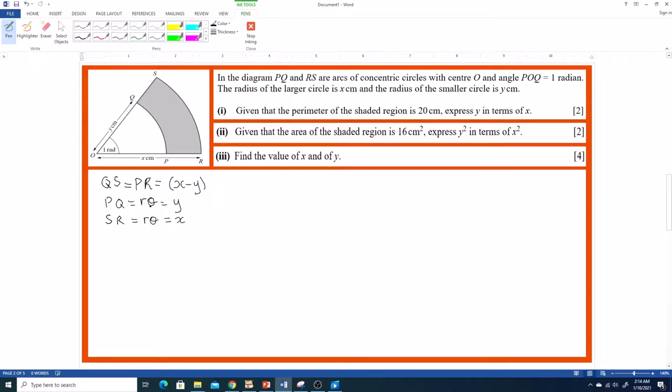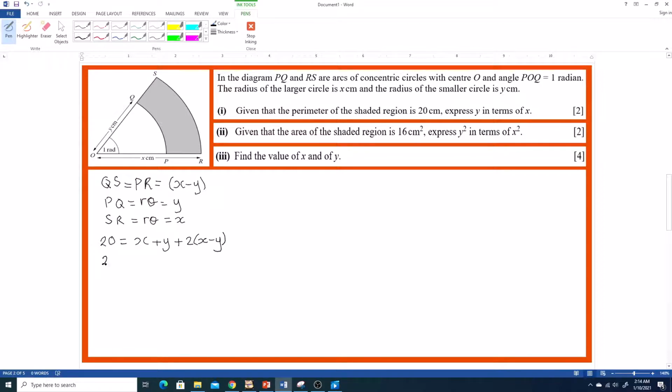So let's write all that nicely. We've been told that when we add all that up, we're going to get 20 centimeters. So 20 is equal to, I'll start from the bottom here, x plus y plus 2x minus y, because we have two lengths that are equal.